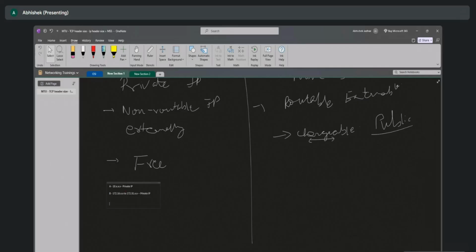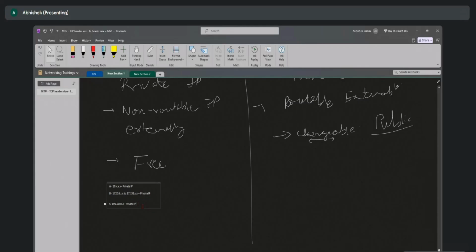Okay. Then in class C, 192.168.x.x, this is a private IP. That's it. Simple. If any of your devices are within this range of IP, it's a private IP. Simple.